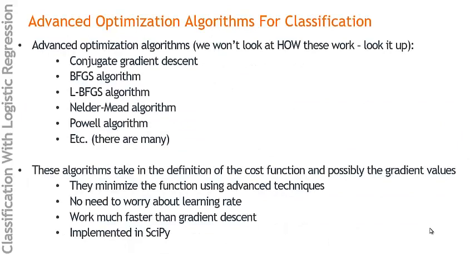Now, as I mentioned, there are other algorithms for optimization, and we'll take a quick look at how you would use SciPy, or in particular the optimize package in SciPy, to implement one of these optimization algorithms.